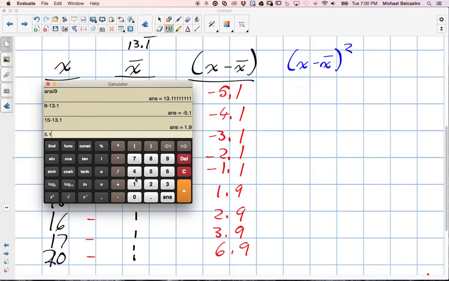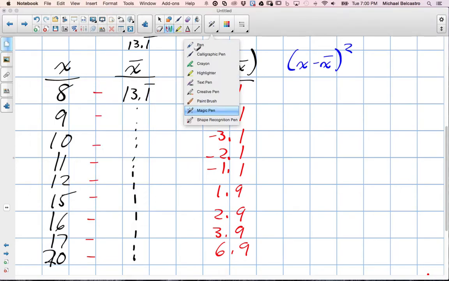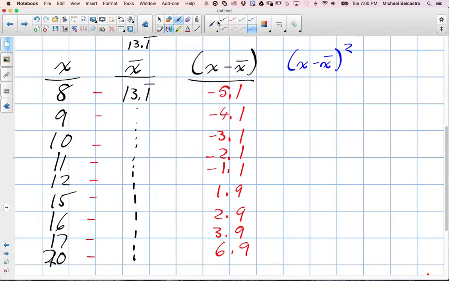So for instance, 5.1 to the power of 2 is 26.01. The next one is 16.81. This will probably be 9.61. Oh, 9.61? Yeah. Okay, 9.61. Good.